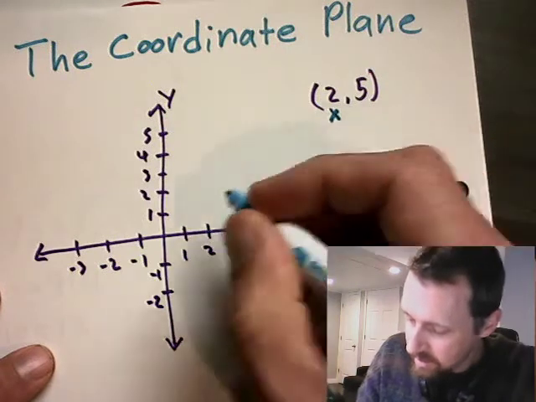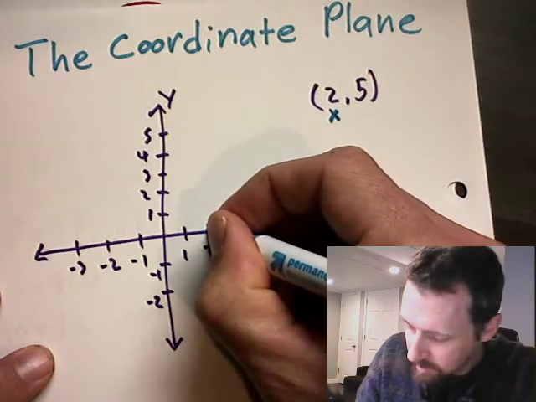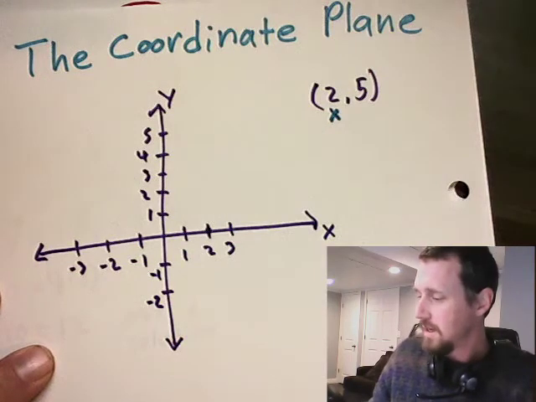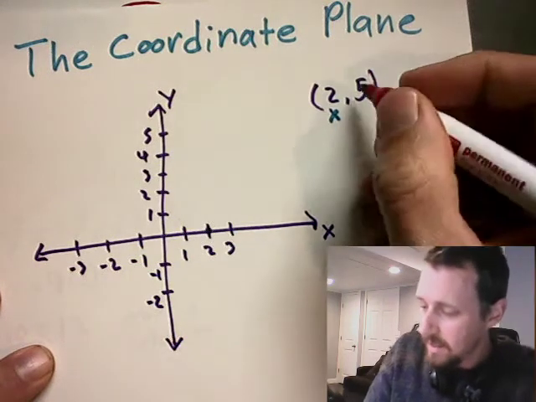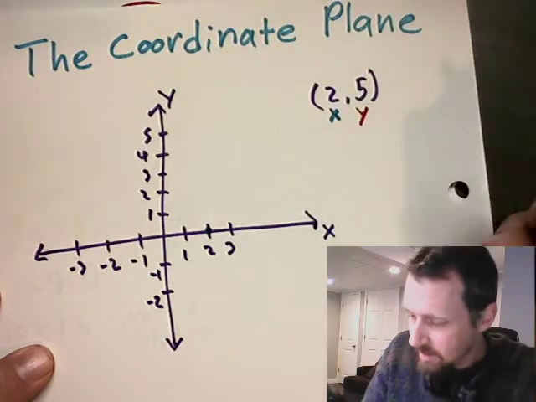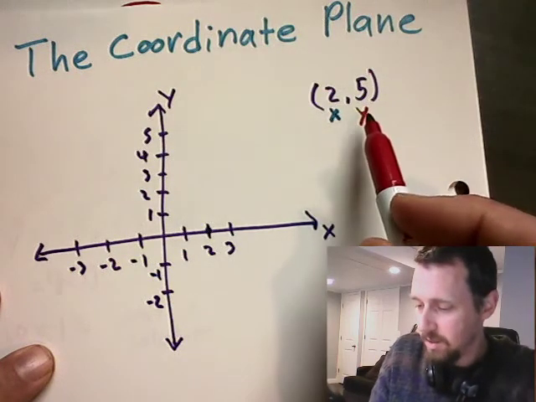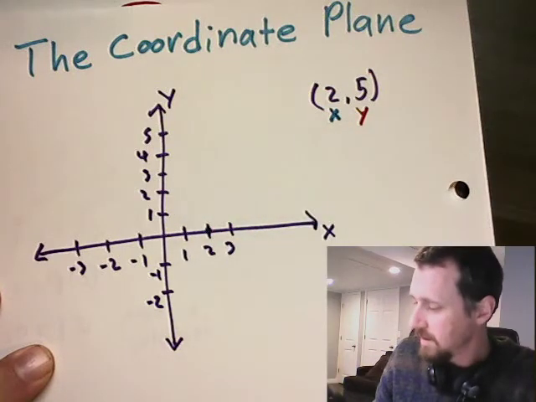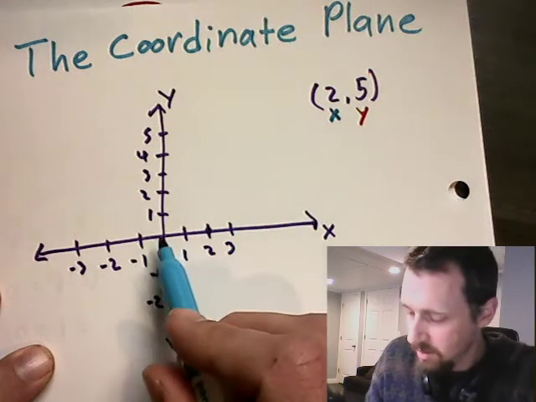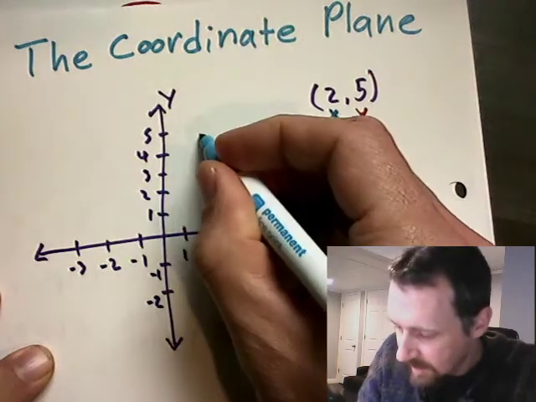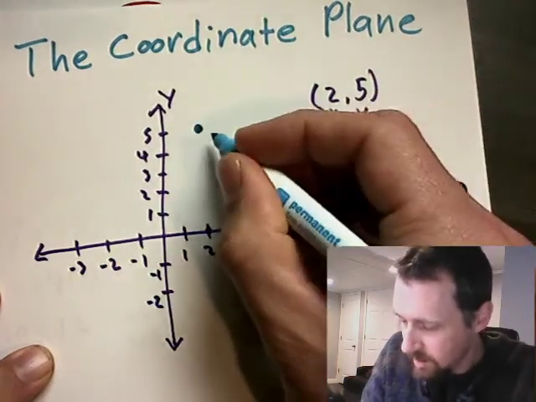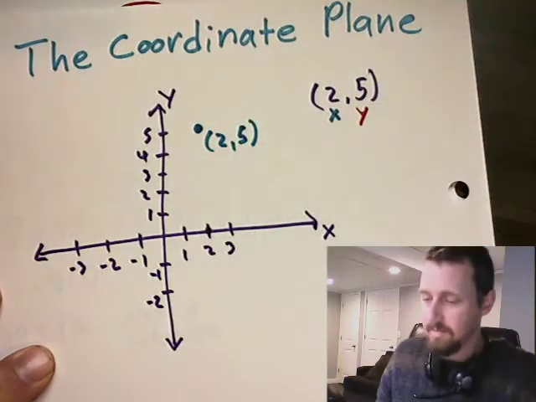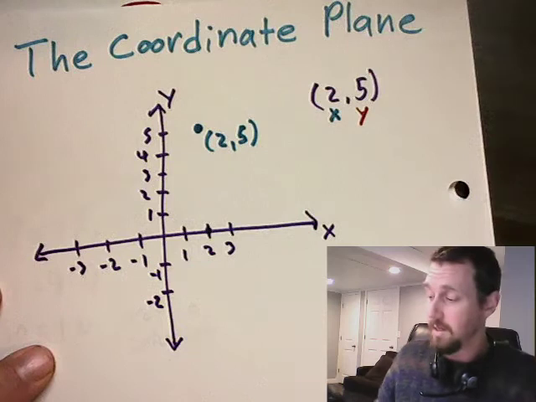So my x is 2, so I know that my point is going to be above or below this 2. And my y is 5. So I know that my point is going to be where x equals 2 and y equals 5, which an easy way to do it is to start at the origin, go over 2, go up 5. There's your point. That is the ordered pair (2, 5) represented on the coordinate plane.